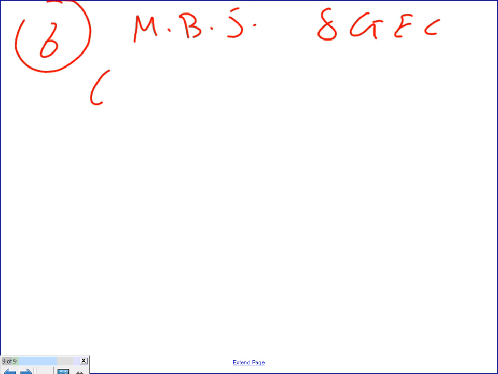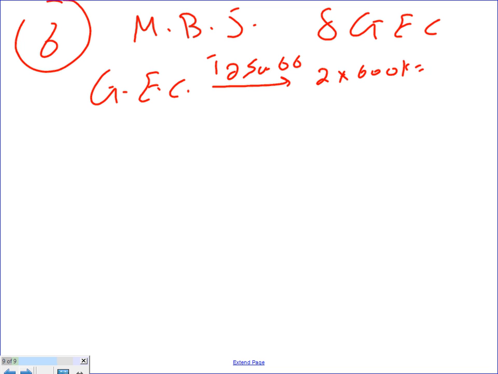So I'm going to start with grounding electrode conductor. 250.66. There were 2 sets, right? 2 times 600 kcm equals 1200 kcm. Then you take 12.5, 0.125 times 1200. Right? This is more than 1100 kcm.